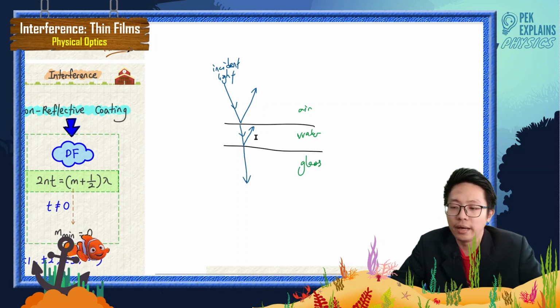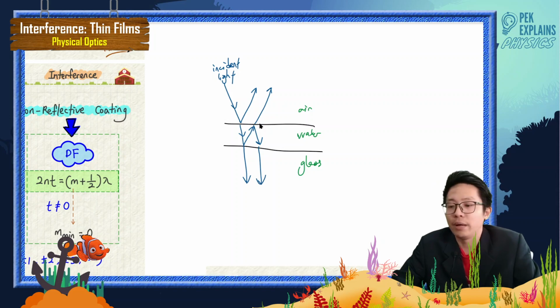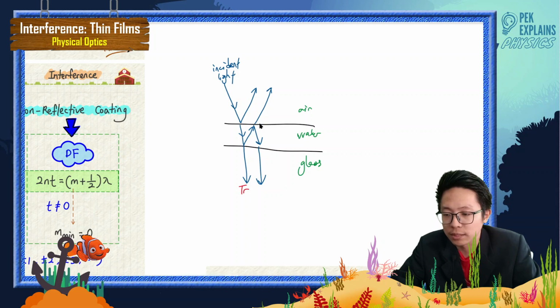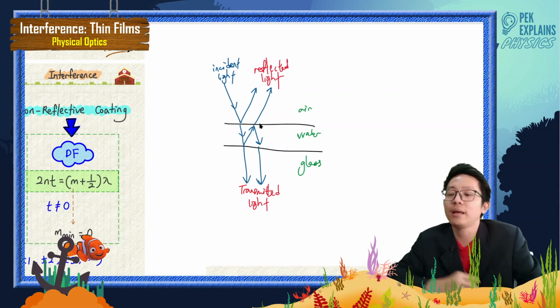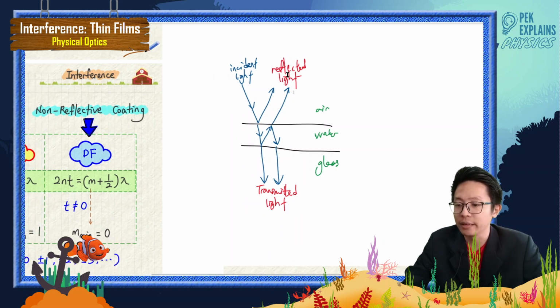This light which is reflected will also be reflected again, part of it reflected, and then go out. But for our syllabus, we don't learn about this. The below one is called the transmitted light, and this is the reflected light. You understand that?